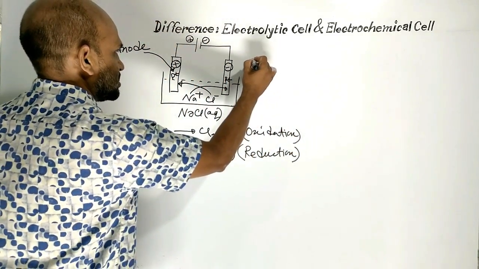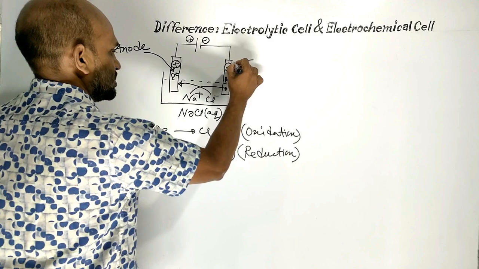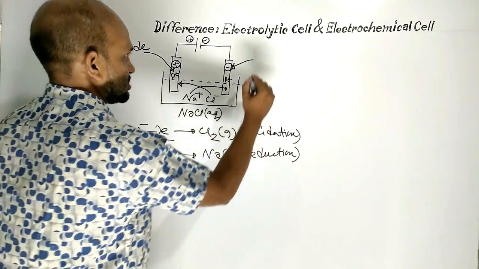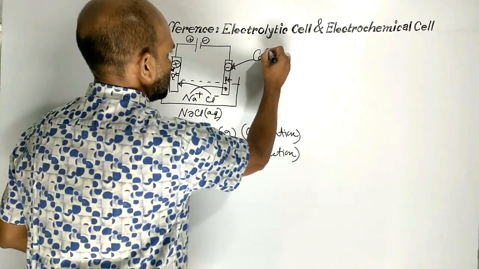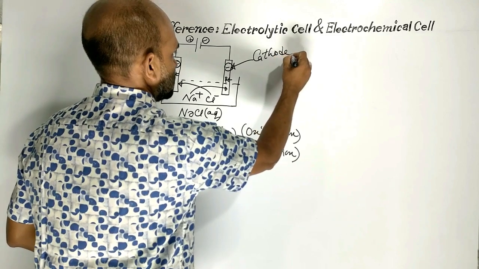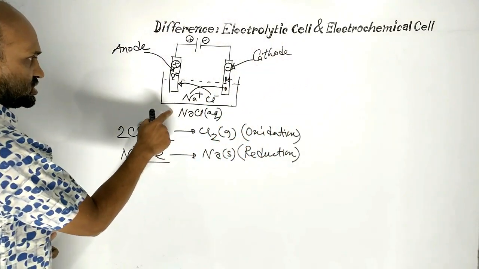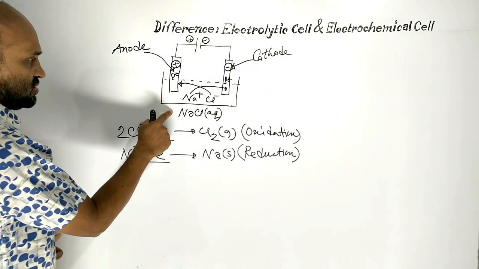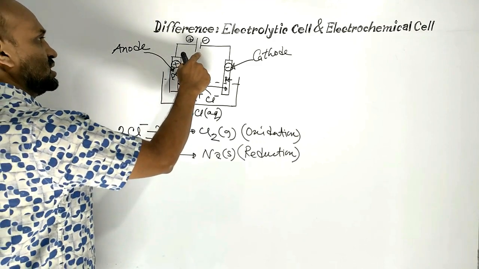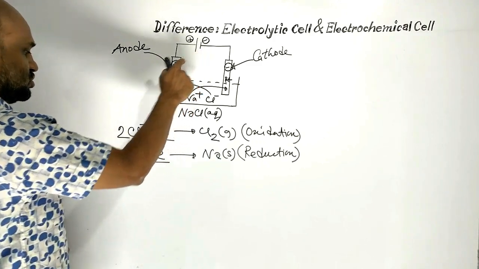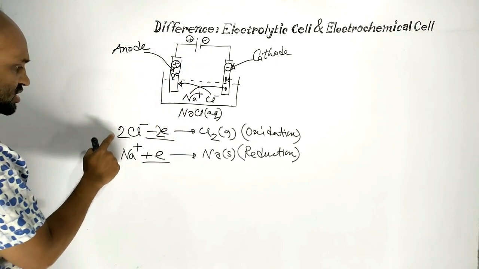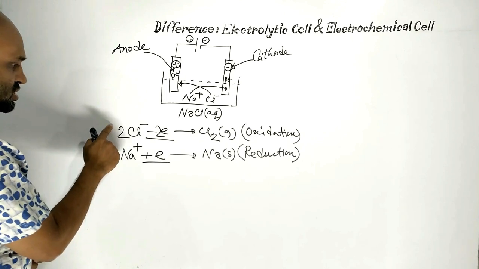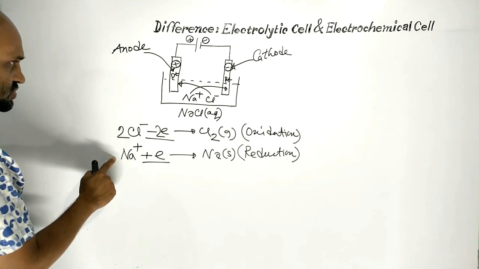The metallic strip in which reduction occurs, that is called cathode. This is simply an electrolytic cell in which electricity is used to conduct chemical reactions, to conduct redox reactions.